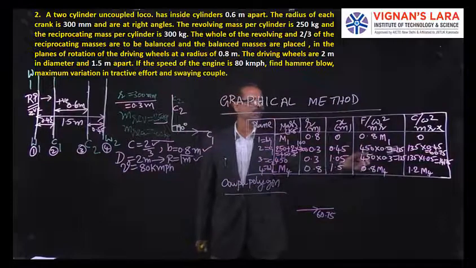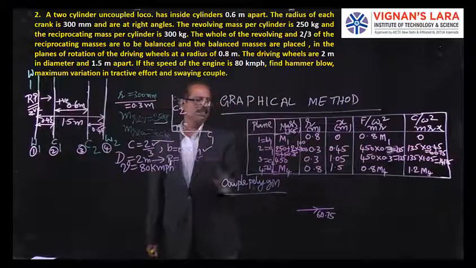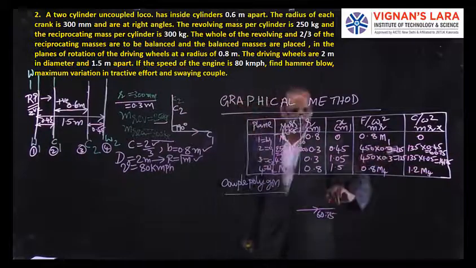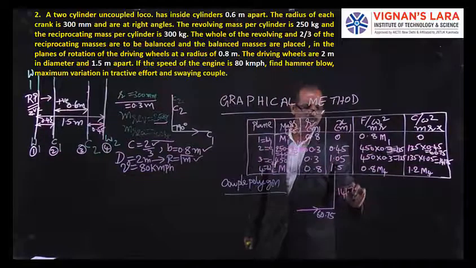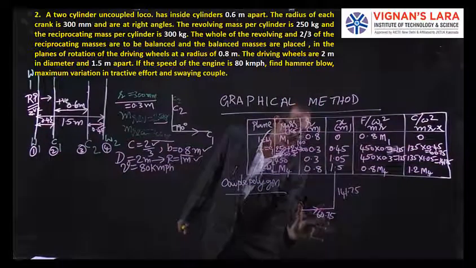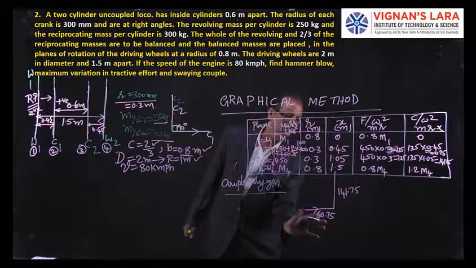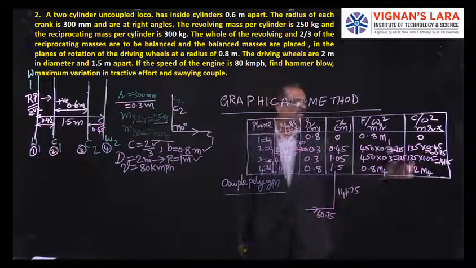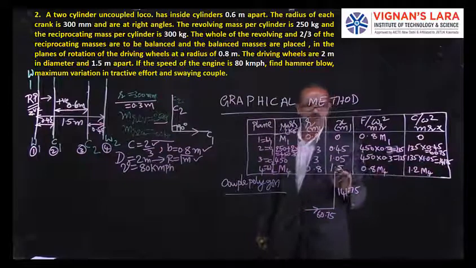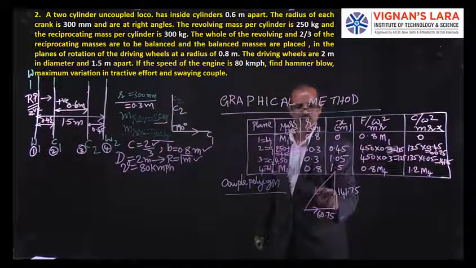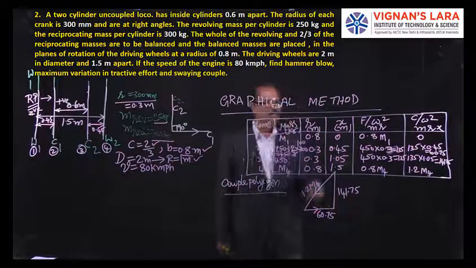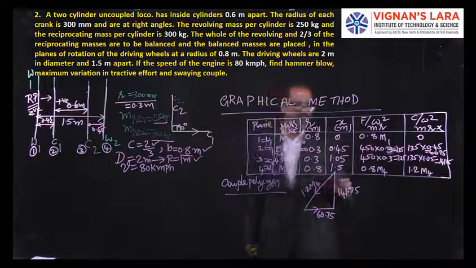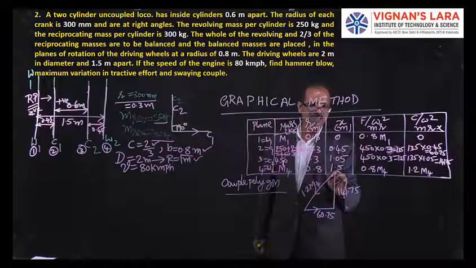Then coming to the next one, perpendicular to this, C2, which is 141.75. So now the closing side is 1.2 M4. You can measure this and find out the value, and at the same time you can also measure this angle.